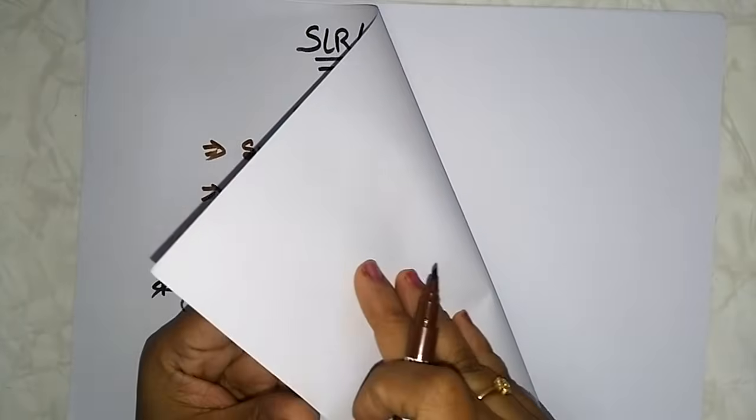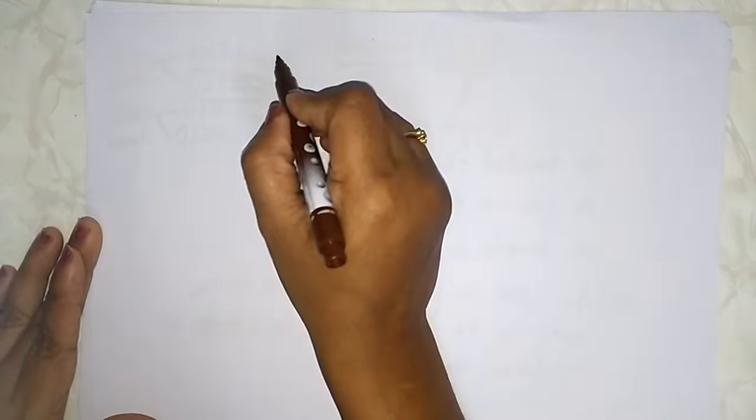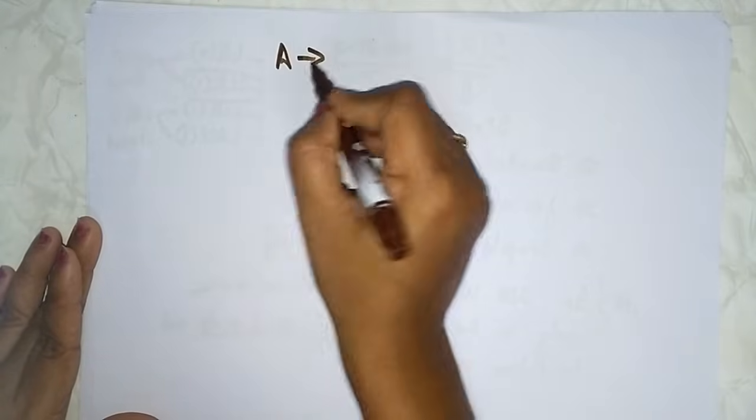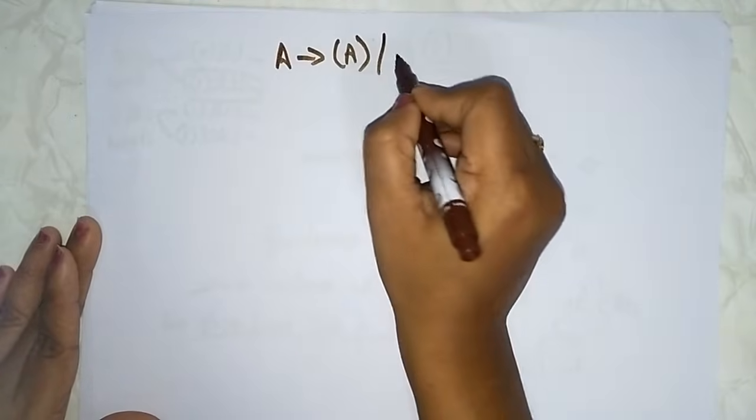The steps are the same: check the ambiguity, add the augmented grammar, create the canonical collection of LR(0) items and draw the DFA. Everything is the same, only the construction of the SLR table is different. Let me take the grammar: A determines (A) and a.